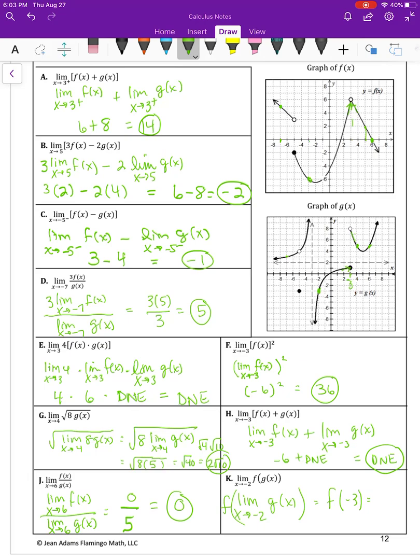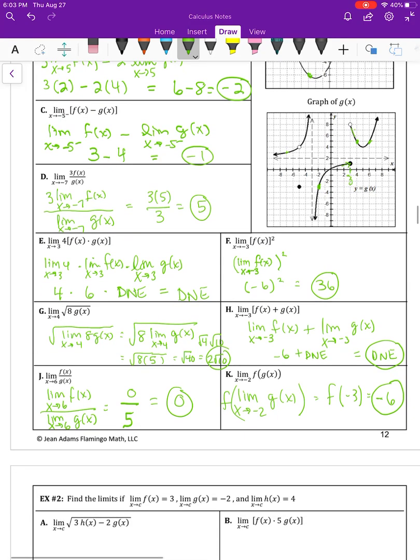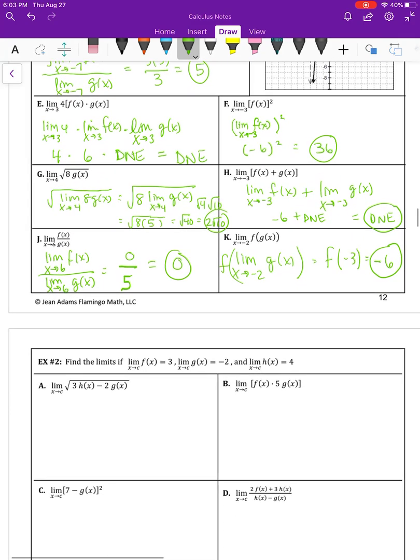Notice that we don't have a limit anymore. Now we're just finding the function's value at -3, and the function's value at -3 is -6. So if it turns out like that and it works out, then you're good to go. The only time is if there's a does not exist for the limit in here, where you might have to do something a little bit differently.